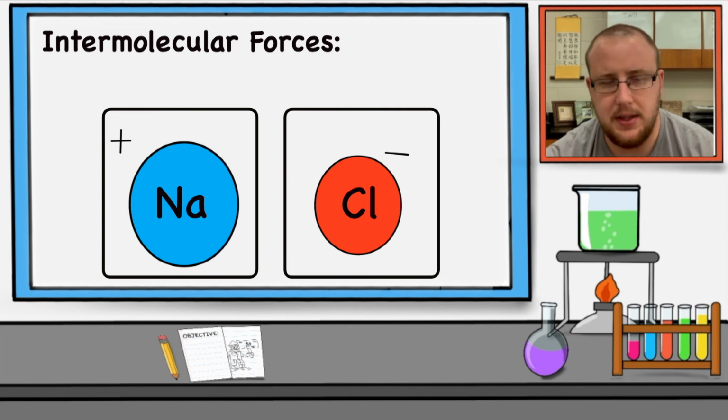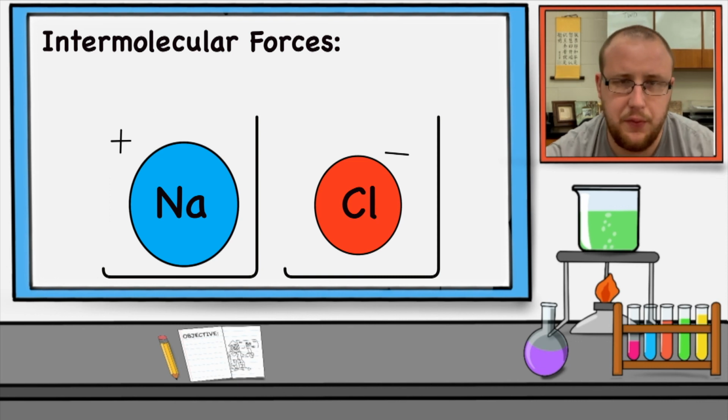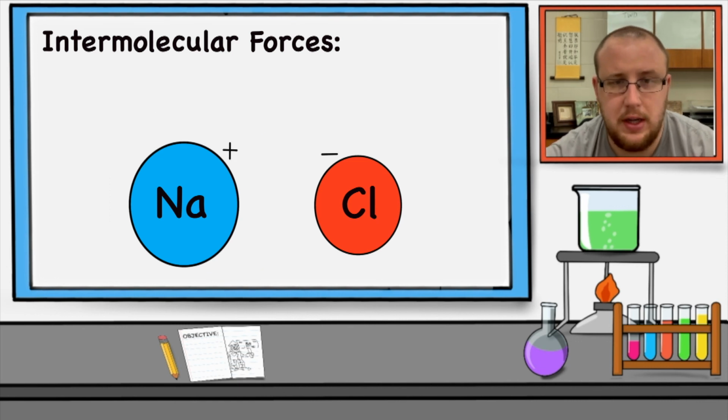So we have a positive sodium and a negative chlorine. Well, now we have naturally opposite charges. Those charges then are going to attract each other. So we have a sodium ion and a chlorine ion. They come together because of their charges. That's going to create an attractive force. And now they make a new compound, sodium chloride, also known as table salt.